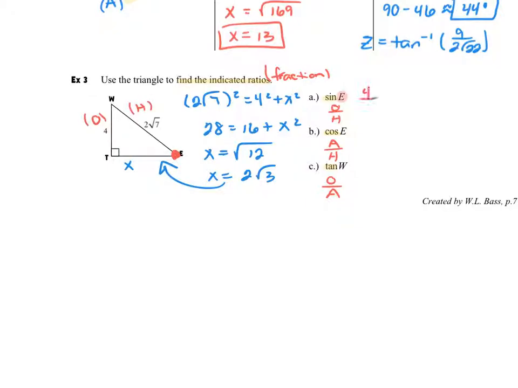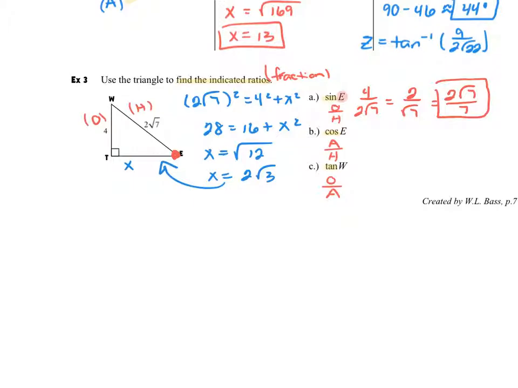So I'm going to do 4 over 2 radical 7. I'm going to reduce that fraction and make it a 2 over a radical 7, and then I always need to rationalize, 2 radical 7 over 7. So when it asks for the ratio, it wants that fraction, that ratio. It does not want you to give the angle.